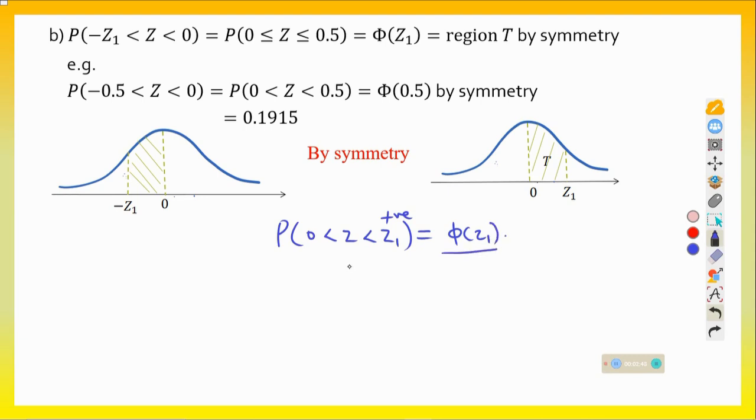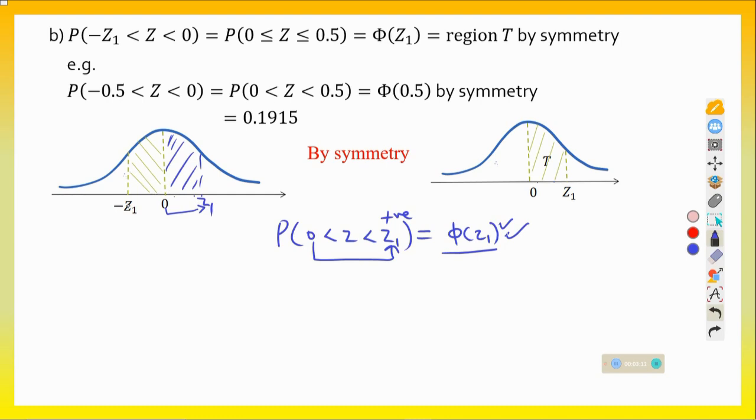That is what we have seen. So long as you have from 0 to z1 and it lies in the positive part of the curve. If we need the value from here up to this given point, you simply go to your table and take the reading of that z1.